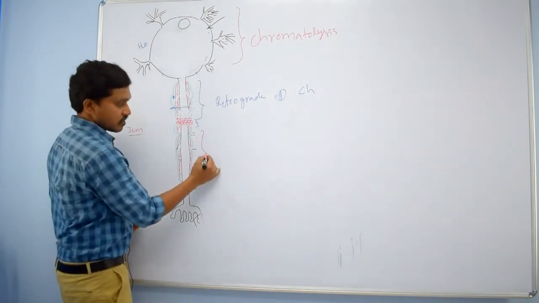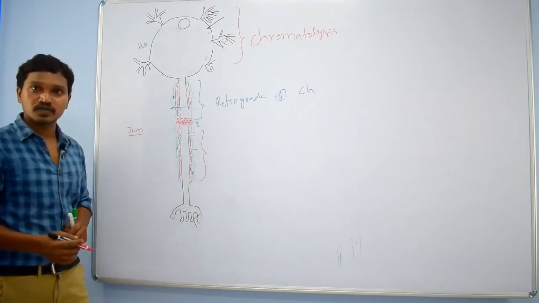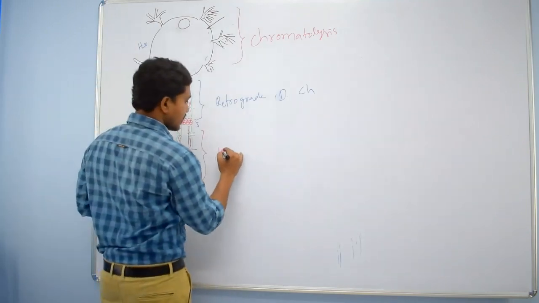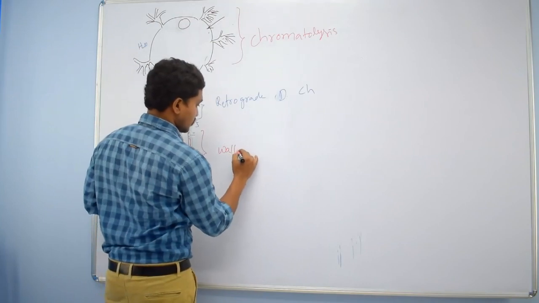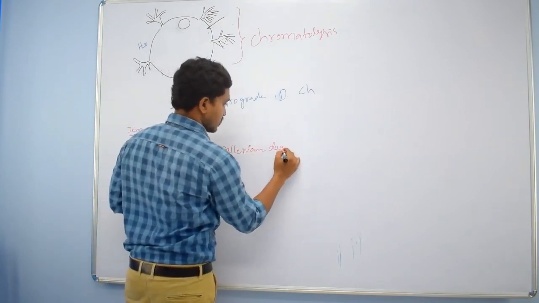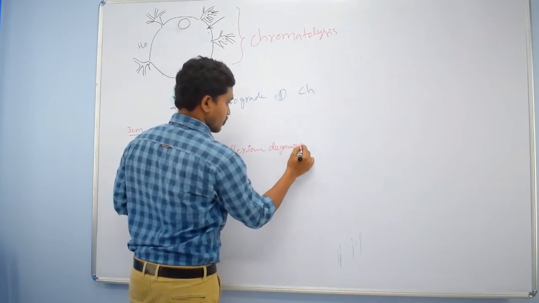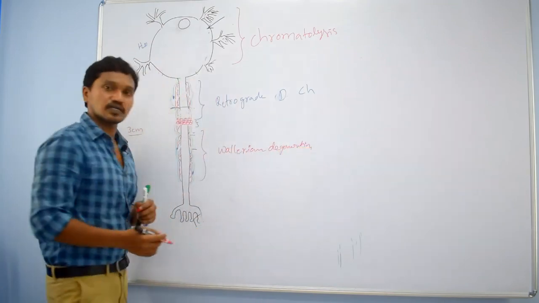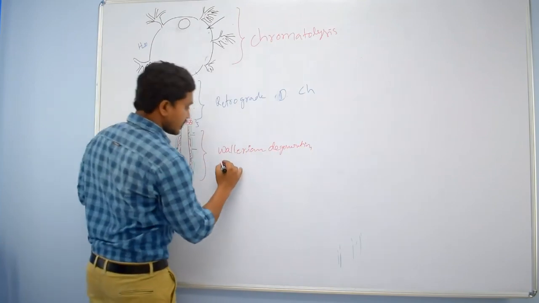Then, what are the changes which occur in the distal stump? In the distal stump, the changes we call Wallerian degeneration. This Wallerian degeneration we can also call antegrade degeneration.